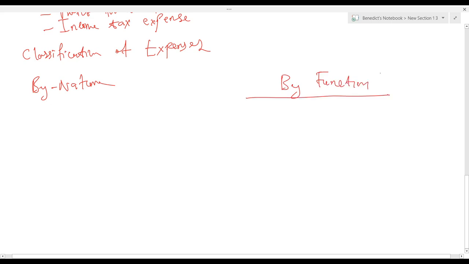Now, when it comes to the by function classification, it's also referred to as the cost of sales method. And for anybody who has a bit of experience with accounting, this is the class that we are used to.